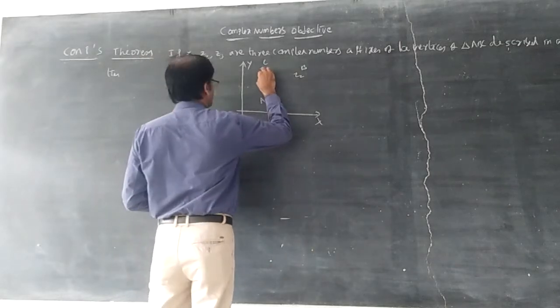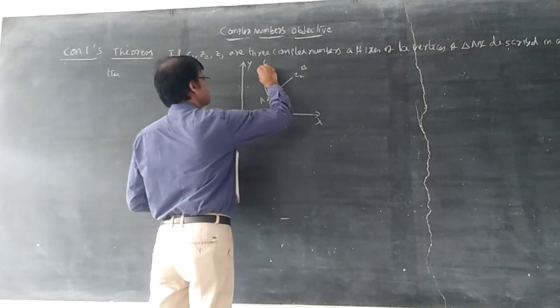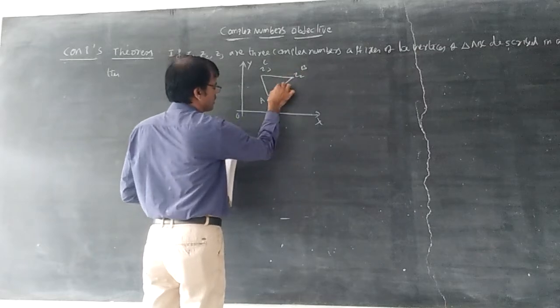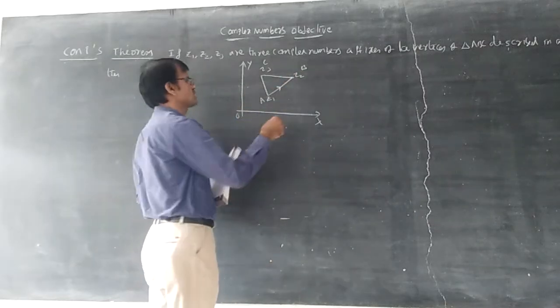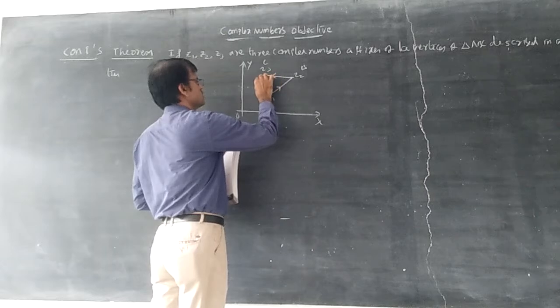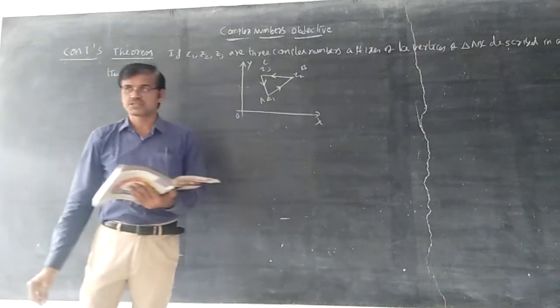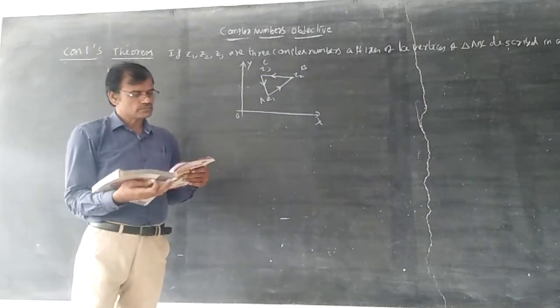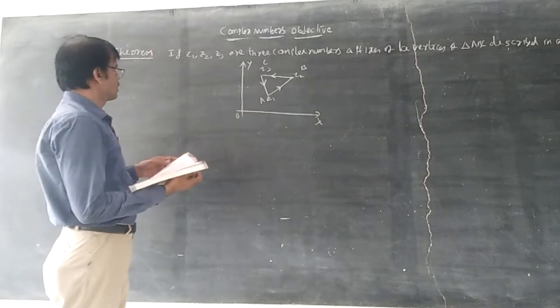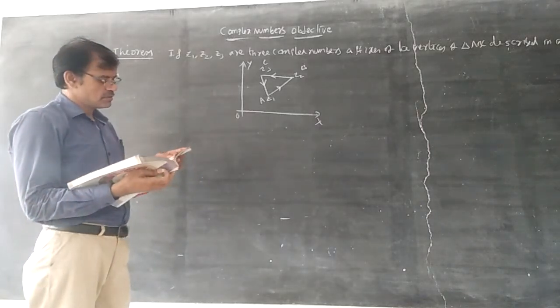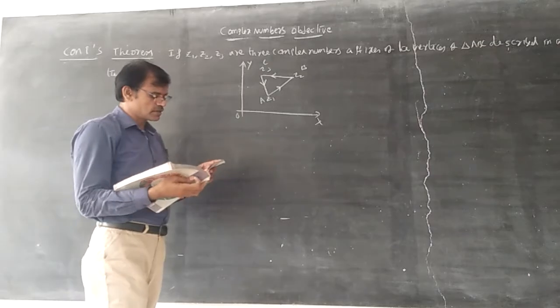These are the vertices of triangle ABC, taken in the anti-clockwise sense. Using the vector method like this, you can write: z1, z2, z3 are the affixes of the vertices of triangle ABC described in the anti-clockwise sense.